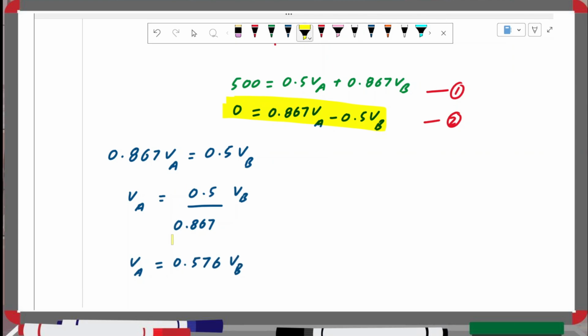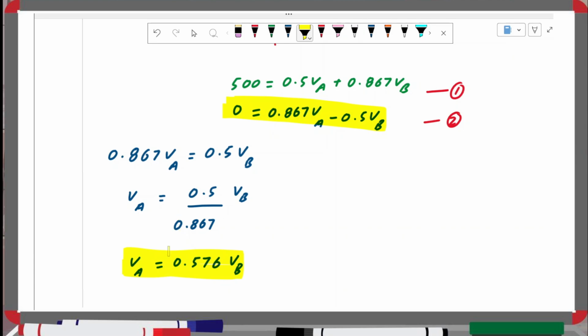So now we do have the value of VA. We don't have a numeric value first of all. I'm not saying we have a numeric value of VA. We do have an expression of VA in terms of VB. What do we do now? We can insert this in either of these two equations and then find the value of VB from there.